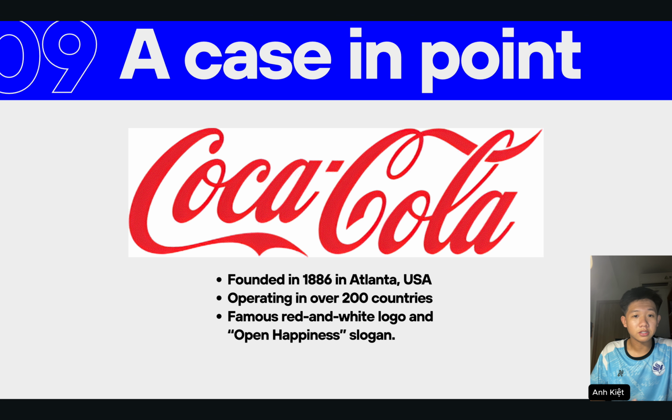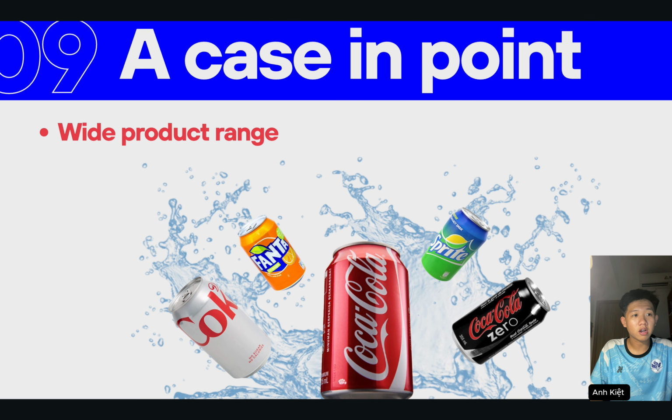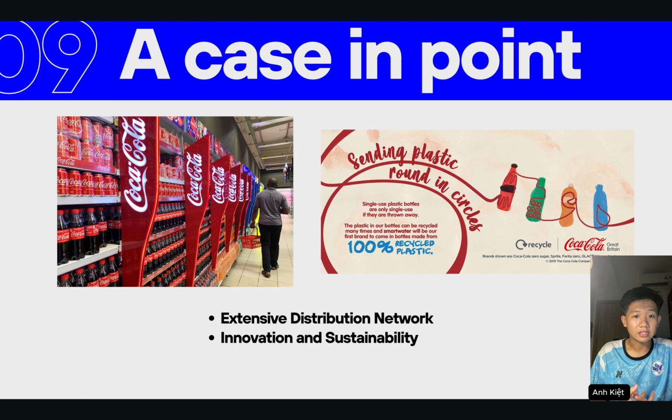The second is a wide product range. Coca-Cola offers many beverages like Coca-Cola Original, Zero Sugar, Diet Coke, Fanta, Sprite, Minute Maid, and bottled water like Dasani. The third one is an extensive distribution network. Coca-Cola is available almost everywhere: supermarkets, restaurants, cafes, vending machines, and small local shops.